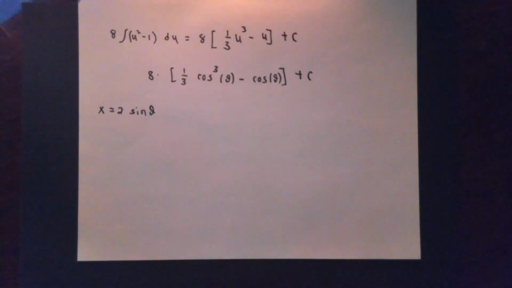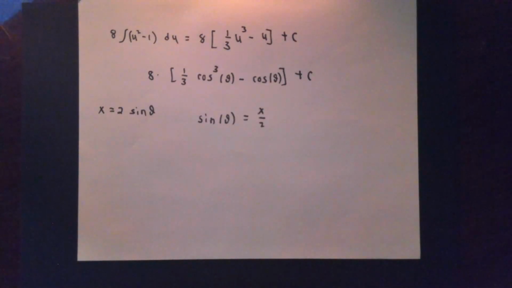To finish expressing this back in terms of x, I need to remember what the relationship between x and theta was. X is 2 times sine theta, which I will manipulate into a form I can do some trigonometry with.